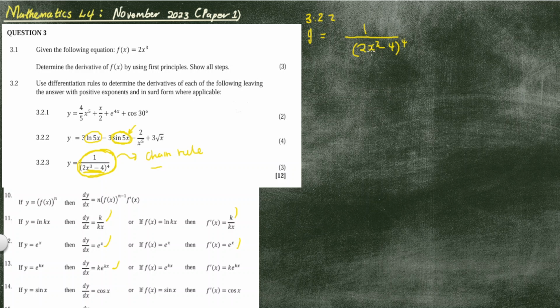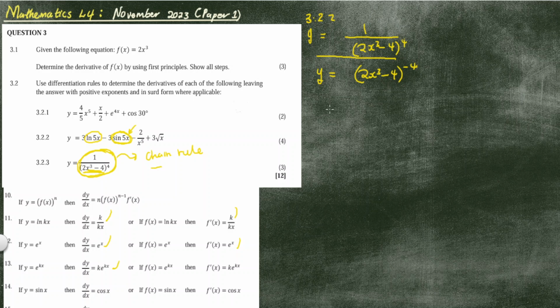So we're going to say y is equal to (2x cubed minus 4) raised to exponent minus 4, because if that bracket is a denominator, I cannot find the derivative.